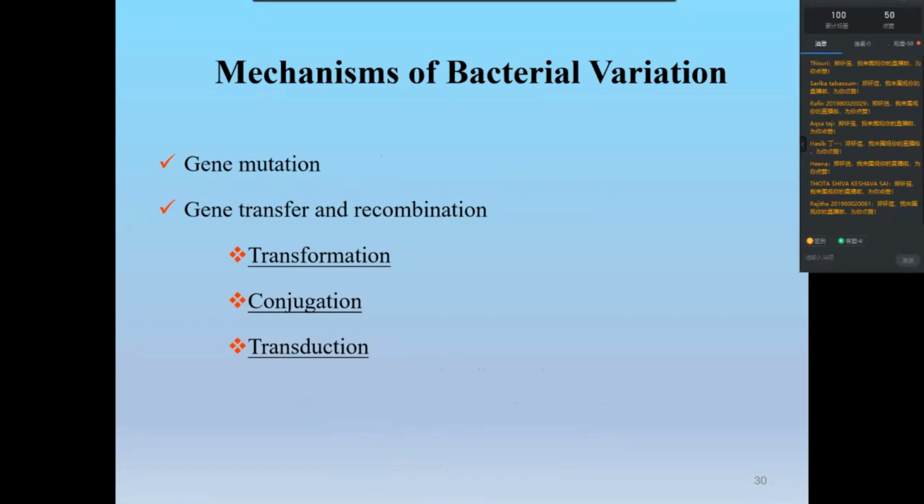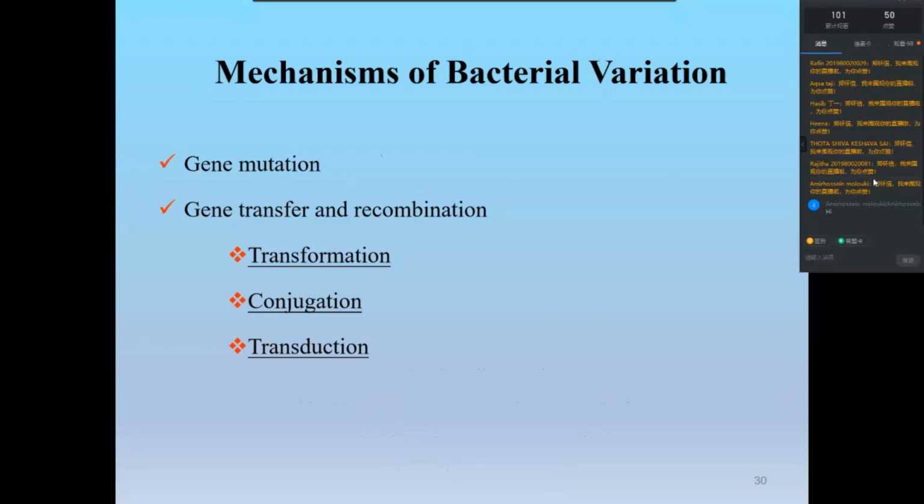First, we'll learn the different mechanisms of bacterial variation. The first mechanism is gene mutation. Gene mutation means that the bacterial gene changed by points or by large scale. Anything change, we call it mutation.